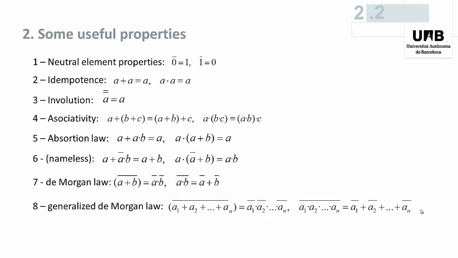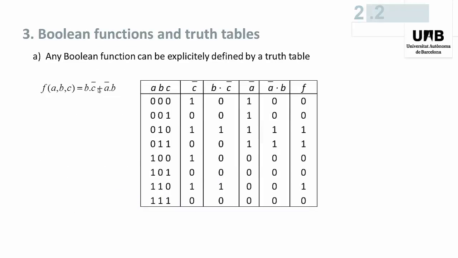Now, a little quiz. In this third section, we are going to focus on the relation between Boolean expressions, truth tables, and combinational circuits implemented with logic gates. First point, given a Boolean expression, for example, this one, we can define an equivalent table that we can generate as follows.